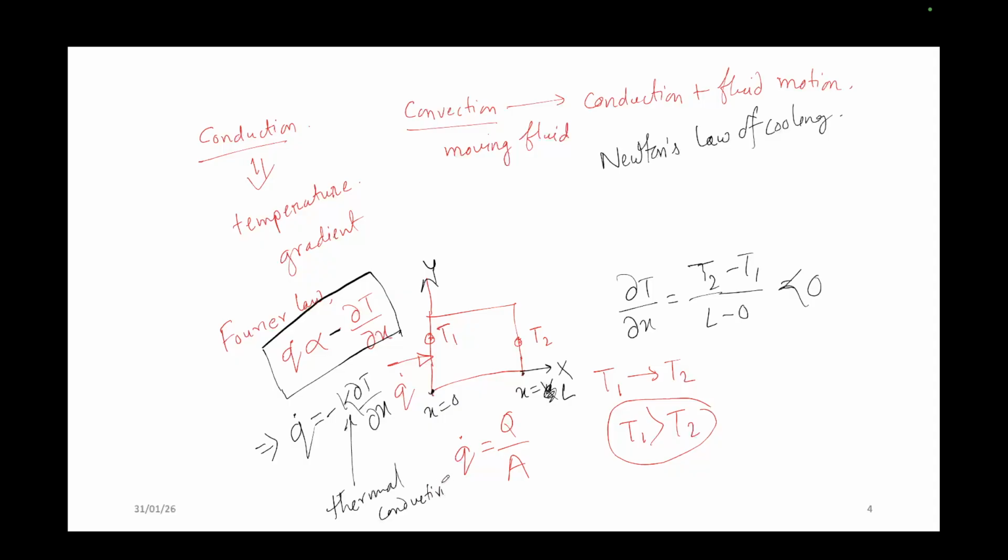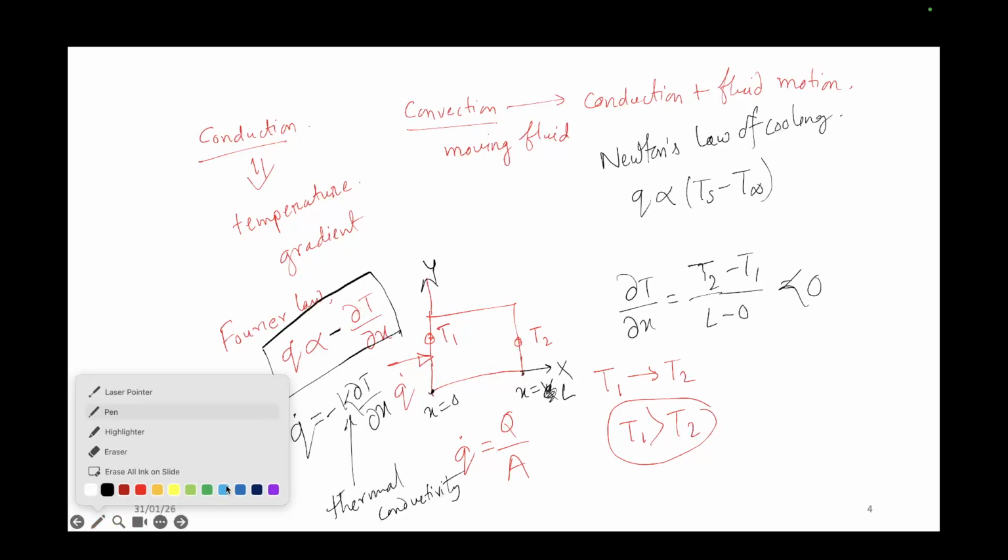So similarly for convection we have Newton's law of cooling, which is Q proportional to Ts minus T infinity. So what is Ts minus T infinity? Basically if I talk about this surface, say this blue line, you observe this blue line.